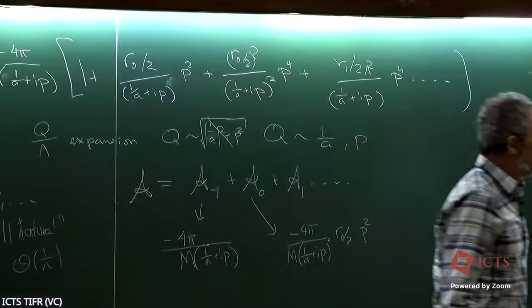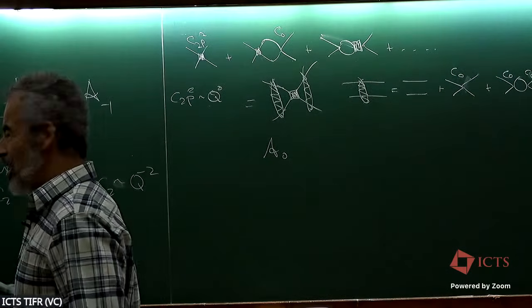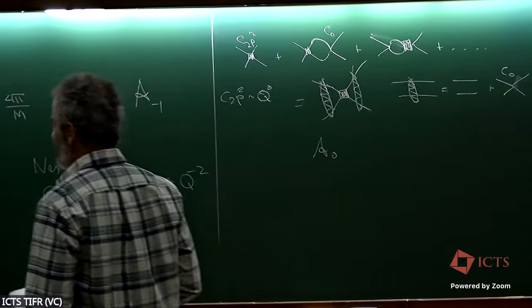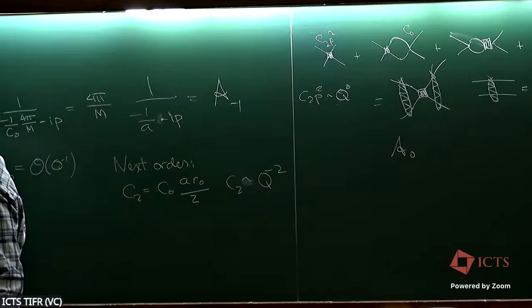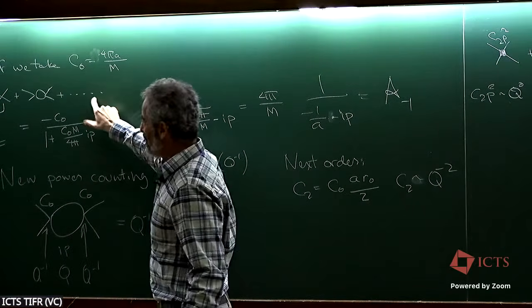Now, this looks like a fine scheme, except there's something troublesome about it, which is that it's true that the infinite sum here is order Q to the minus 1. But let's look at the individual terms.